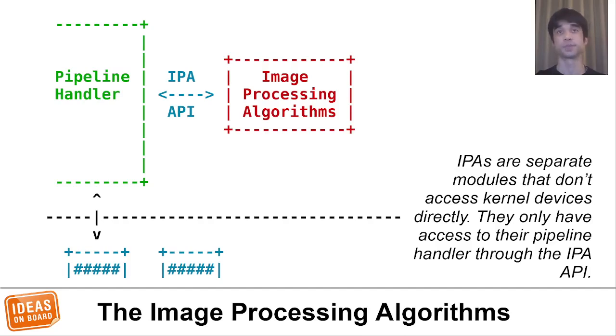In addition, for every platform, there is an IPA interface, which defines what functions, callbacks, and structs are available for communication between the pipeline handler and its IPA. As the pipeline handler is required to be open source, so is this IPA interface definition. This makes it a lot easier to experiment with and to implement open source IPAs, which was a lot more difficult before without a camera stack.